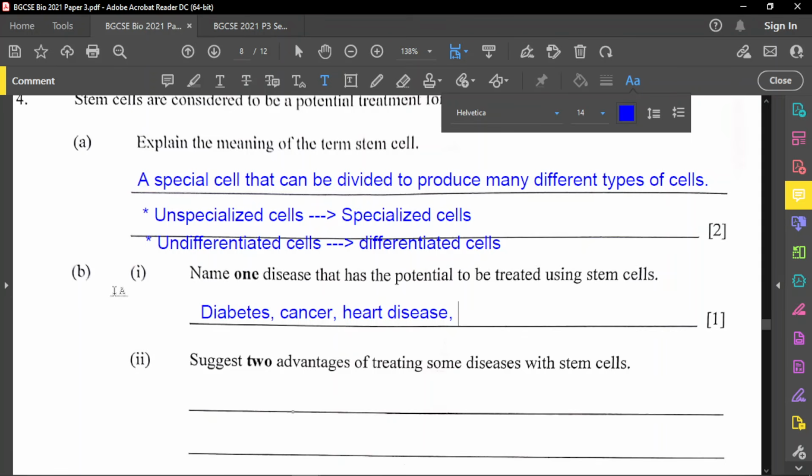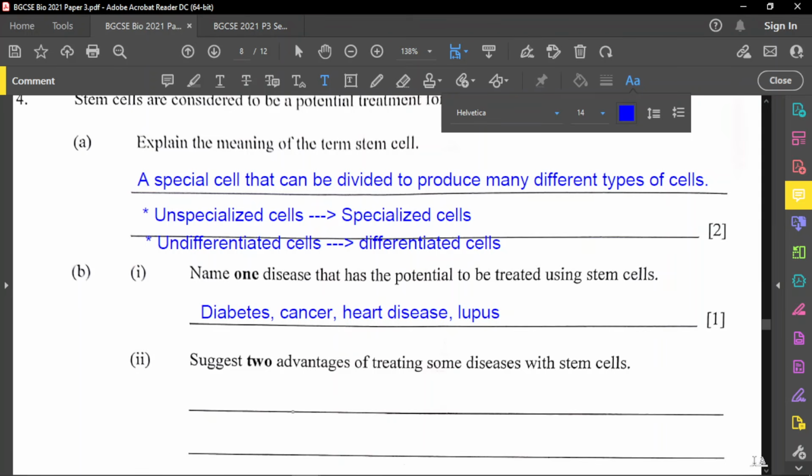Also, we can even use this to treat lupus, for example, and there are many other diseases. So we can use stem cells to form other cells, and pretty much anything that can affect the body, stem cells may have potential in treating.